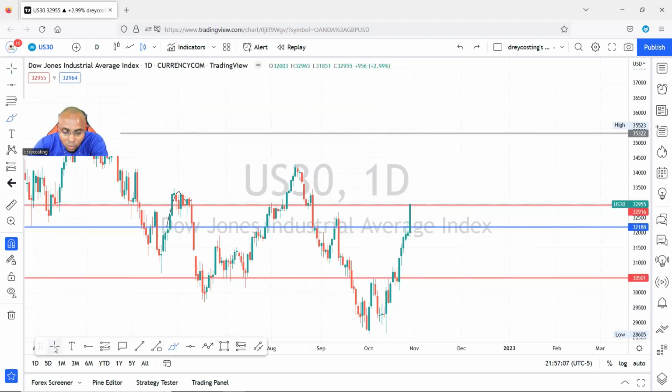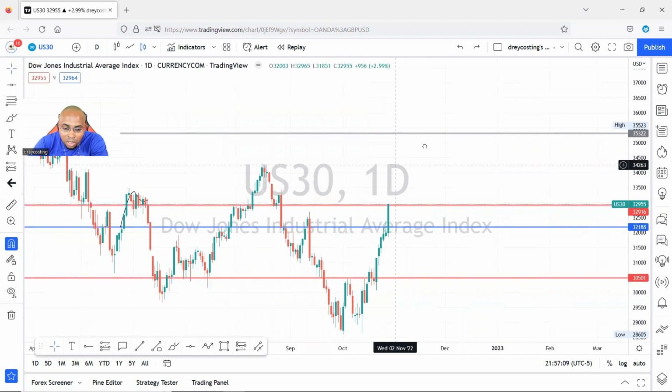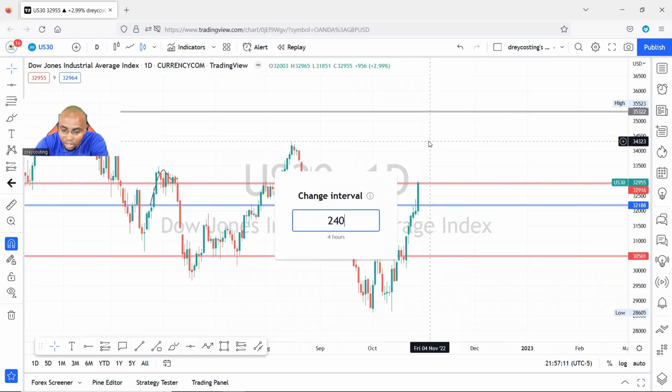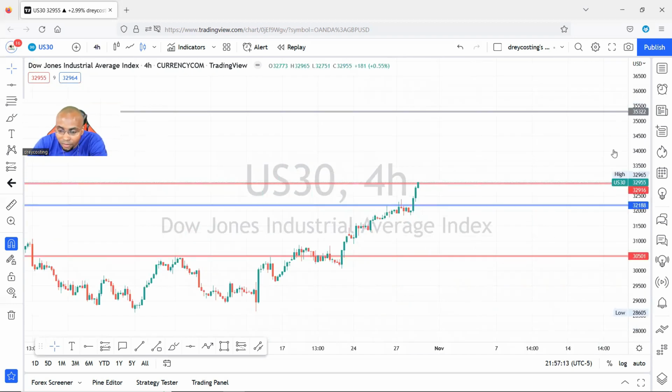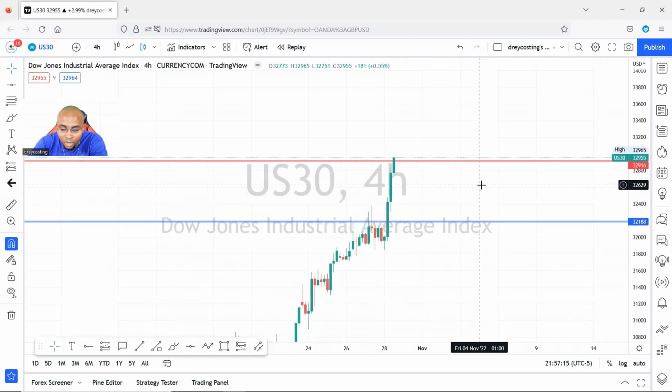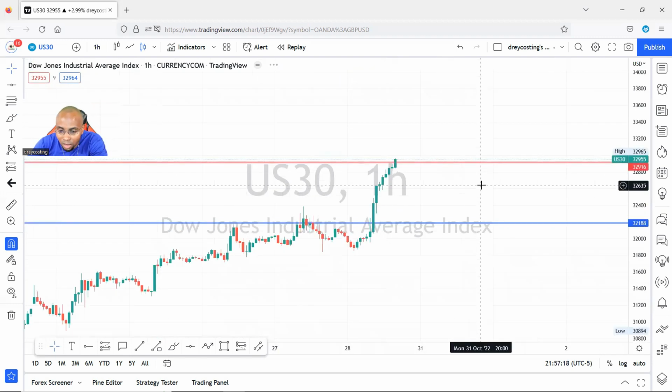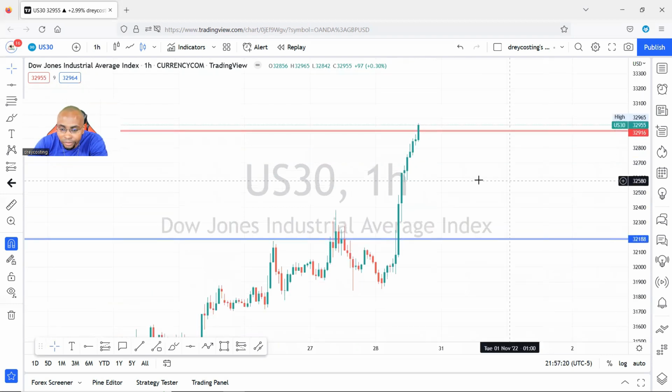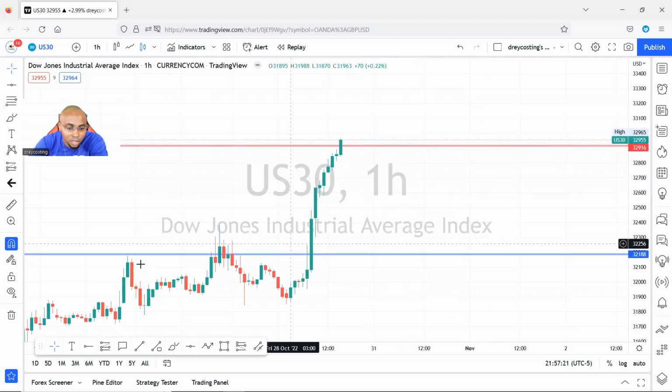So what we can do to start the week is go down to our H4, H1. What we can look for to start the week is some form of retracement.